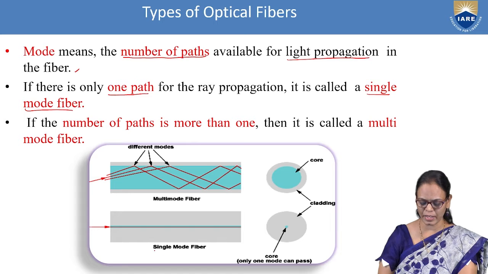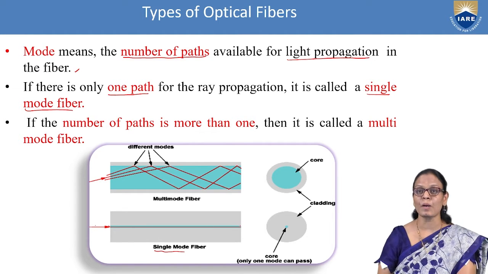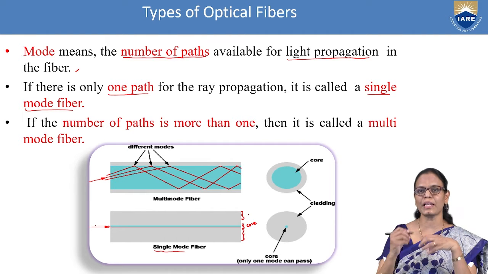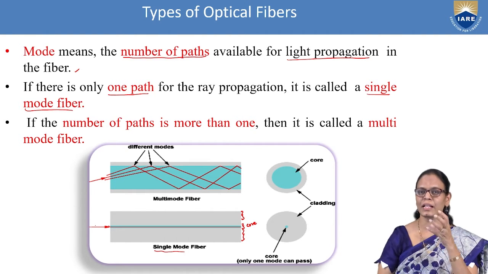See here in single mode fiber, this blue part is the core and this part is the cladding, because the core is surrounded by a cladding. It is cylindrical, but here we are seeing the cross section of it.